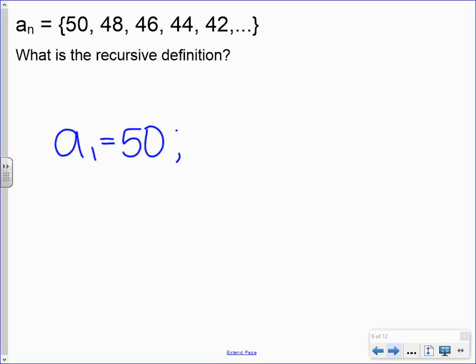All right, pod 4, what are your thoughts? So you're saying like 2n plus 50? Yeah. Okay.